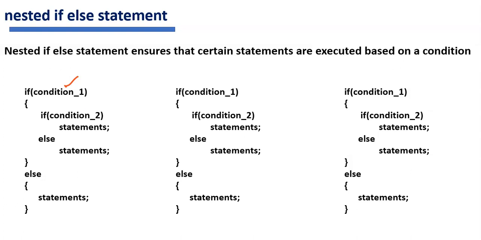Then condition 2 is checked. If condition 2 is also true, that means condition 1 is true and condition 2 is also true, then the statements in this particular if block are executed, and then control comes to the immediate statement after the nested if else statement. This is the first scenario.